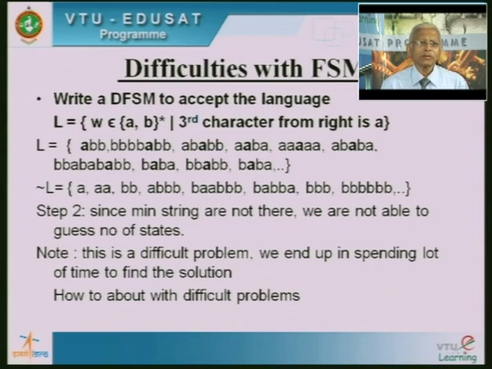We are all used to reading everything from the left, so we know how to do that, but from the right it becomes very difficult. Again, this is another typical problem for which you will not be able to write it easily. These two are representative problems wherein you will find it difficult to write finite state machines.